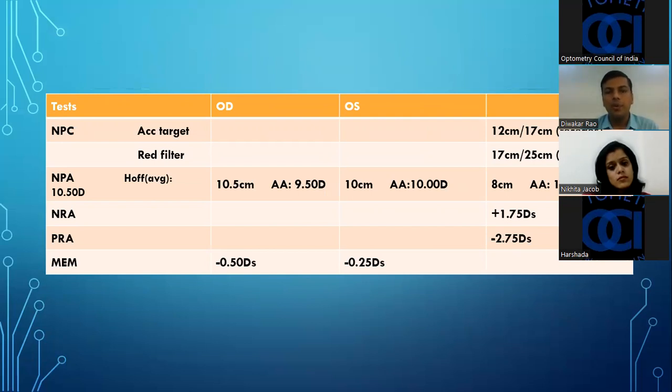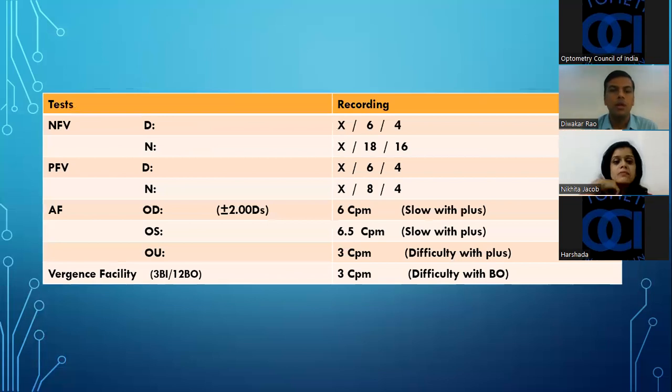NRA was plus 1.75, PRA minus 2.75, and MEM was minus 0.5 and minus 0.25. NFV was X6 and 4 for blur, break, and recovery. Negative fusional vergence for near was X18 and 16. This is what we are checking, divergence. Positive fusional vergence, when you're checking convergence, was X6 and 4, and for near X8 and 4.